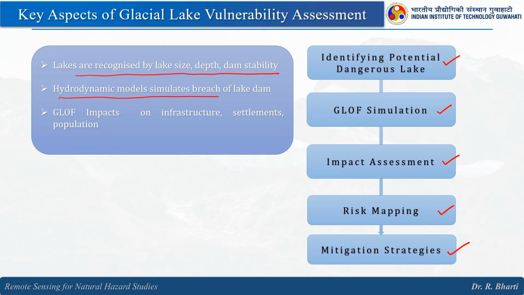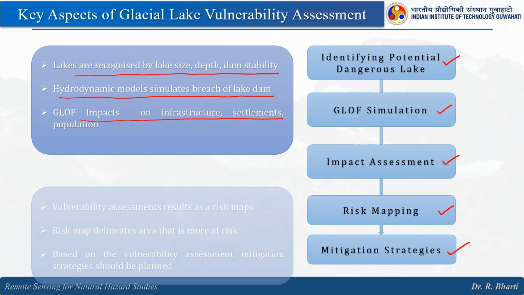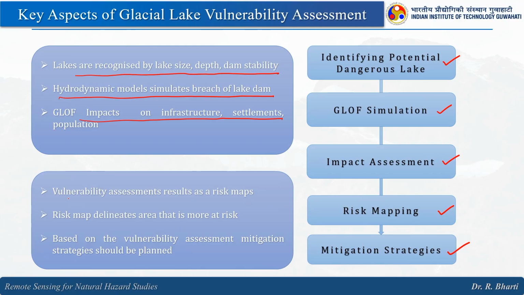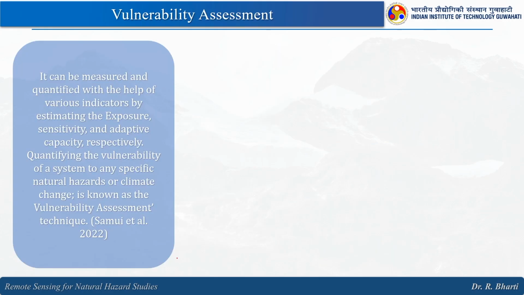A hydrodynamic model simulates breach of lake dams. GLOF impacts on infrastructure, settlement and population can be studied. Vulnerability assessment results in a risk map. The risk map delineates areas that are more at risk. Based on the vulnerability assessment, mitigation strategies could be planned.